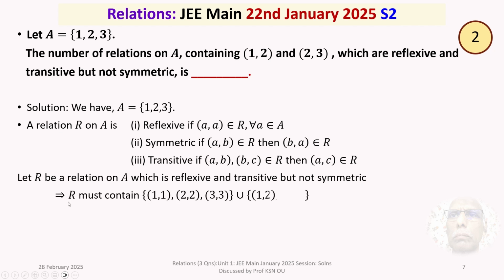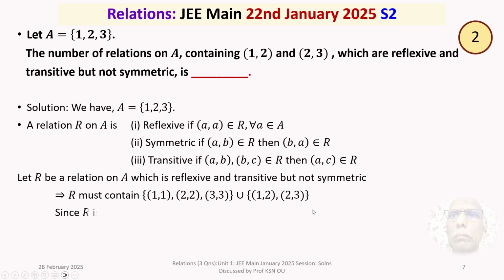This implies, because it is reflexive, R must contain the set of ordered pairs (1, 1), (2, 2), (3, 3), union the set consisting of (1, 2), (2, 3), because it should contain (1, 2) and (2, 3). The first one is reflexivity, and this is the condition given to us.